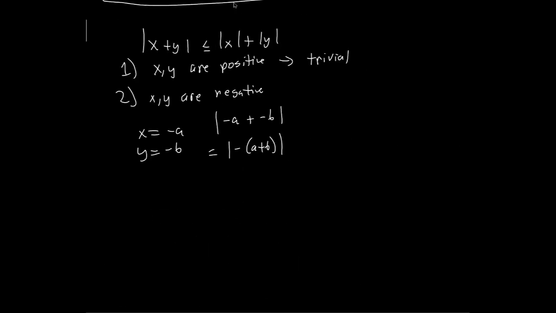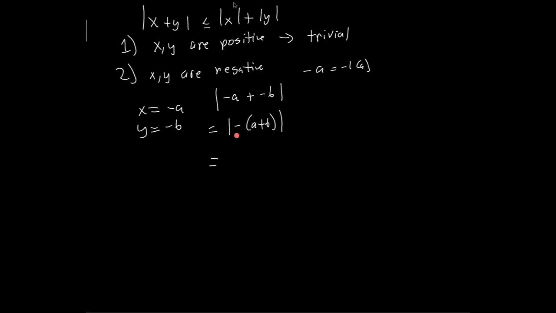Now we have the absolute value of the negative of something. That's always equal to a plus b. This is also a property from D, right? So from this, we can go ahead and say that this reduces to the positive case. That is case 1.